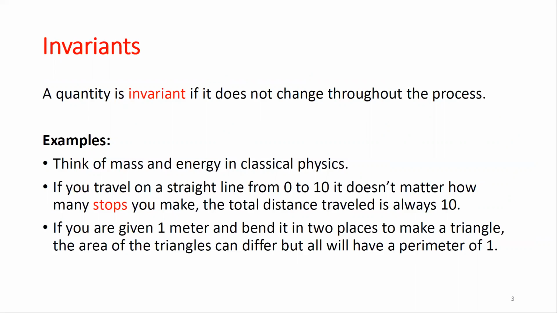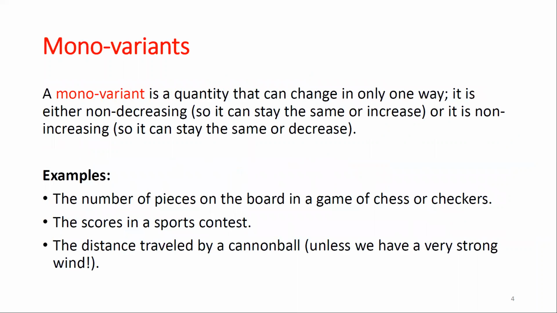But what could change is the number of pieces on the chess or checkers board. In fact, the number of pieces can never go up. It will either stay the same or go down. And this leads us to the next concept, the monovariant. It's something that can change in only one direction. So it's either non-decreasing, which means it stays the same or increases, or it's non-increasing, it stays the same or decreases.